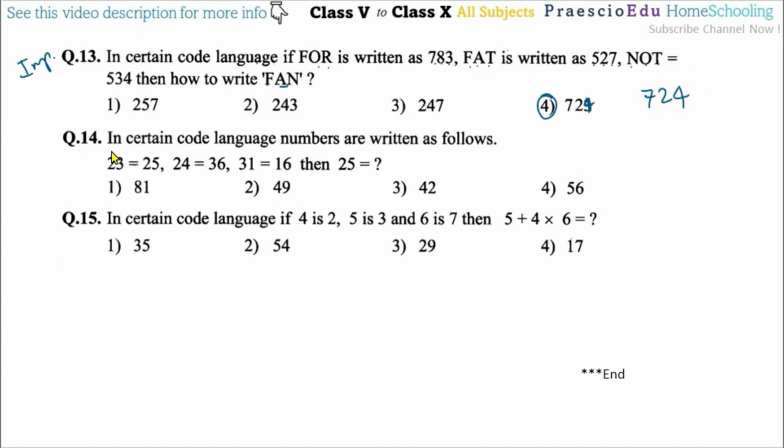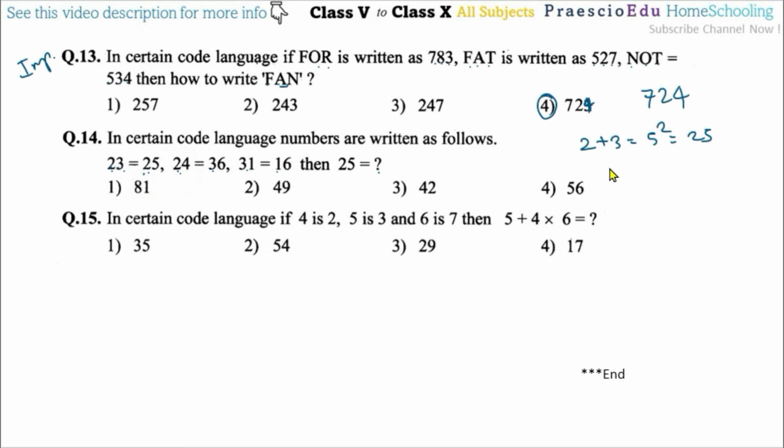Now question number 14. In a certain code language, numbers are written as follows: 23 is equal to 25, 24 is equal to 36, 31 is equal to 16, then 25 is equal to question mark. So if you add 2 and 3 of 23, 2 plus 3 is equal to 5, and 5 square is equal to 25, which is the same as given here.